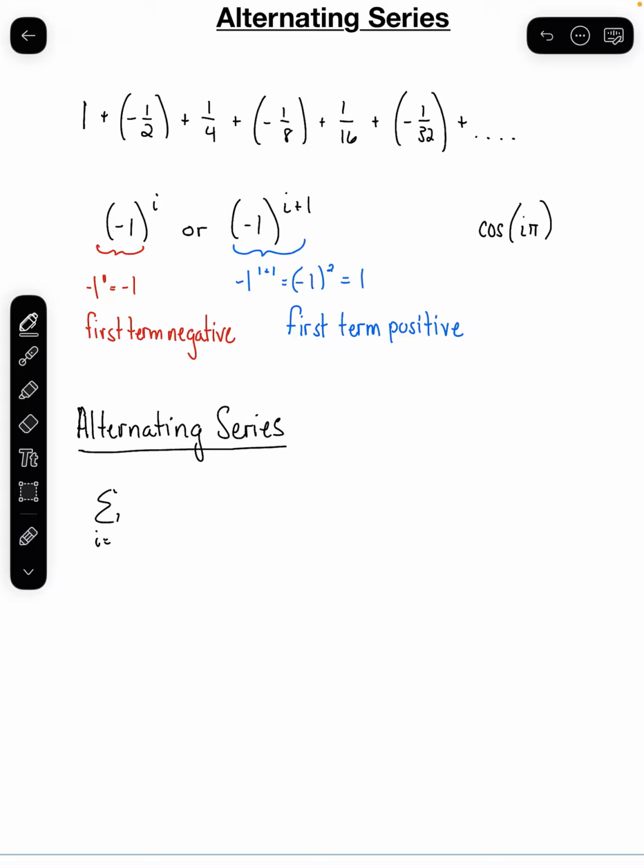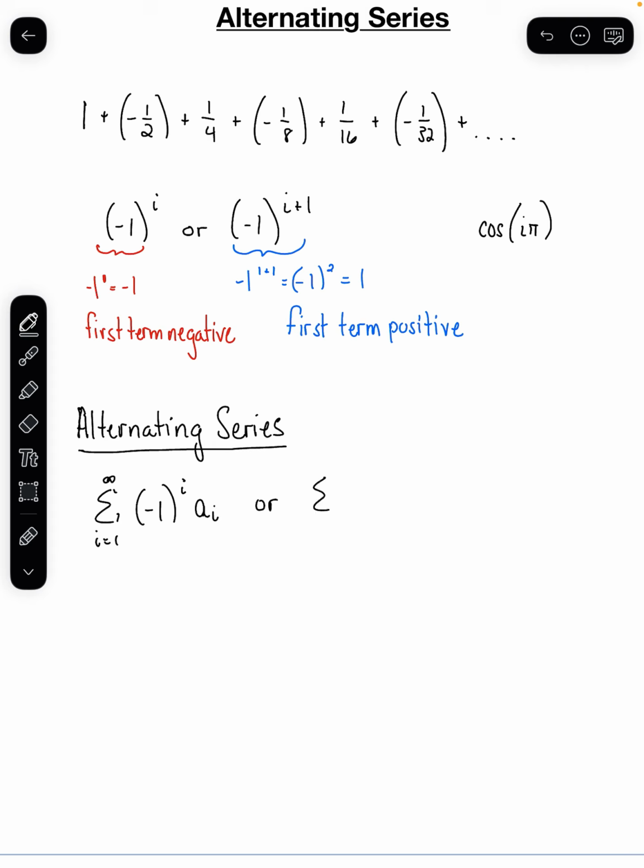So an alternating series will typically be in the form of the sum from 1 to infinity of negative 1 to the I times a sub I. In this way, we let the negative 1 to the I handle the alternating sign, and the a sub I simply provides the value.